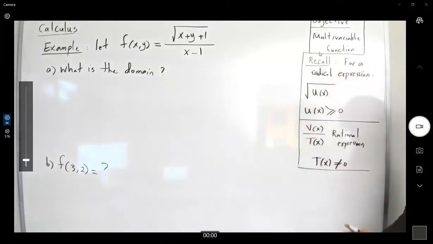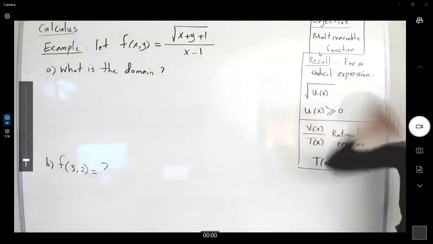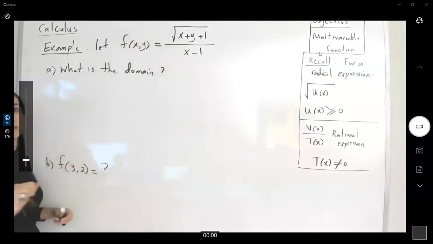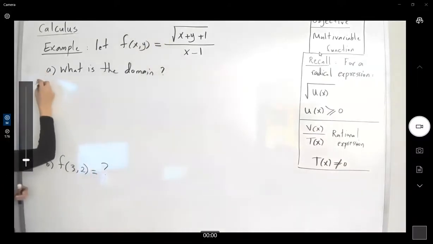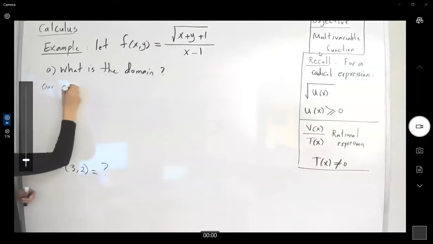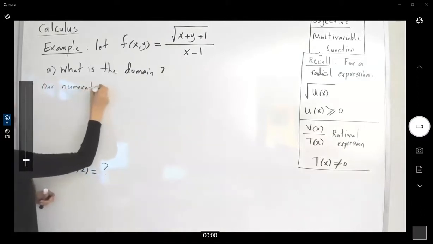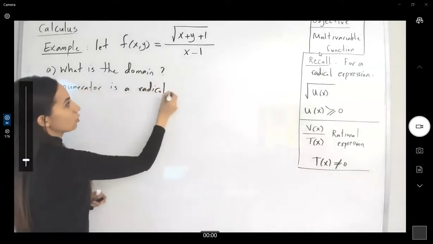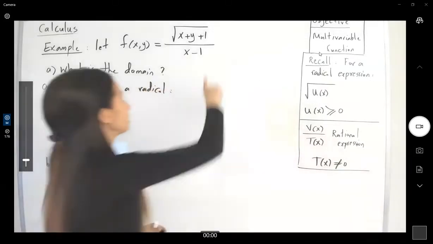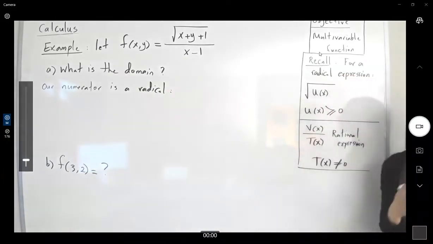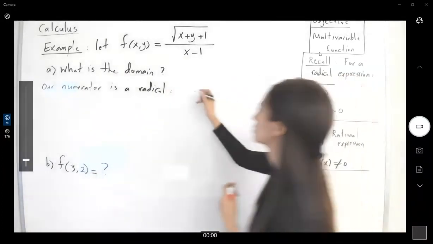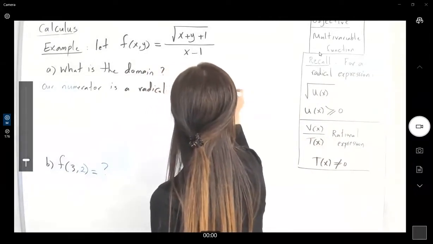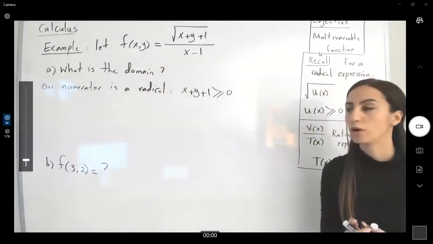We're going to apply it here to this function. First of all, let us deal with the numerator. Our numerator is a radical, so the quantity inside the radical cannot be a negative number. So x plus y plus 1 must be greater than or equal to 0.